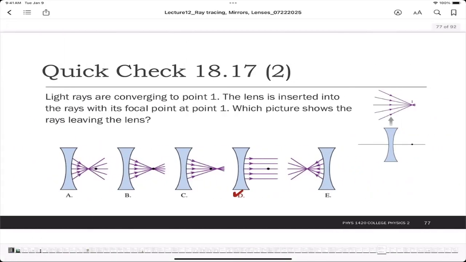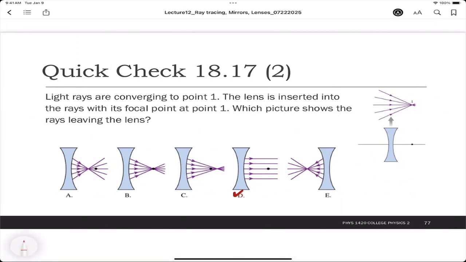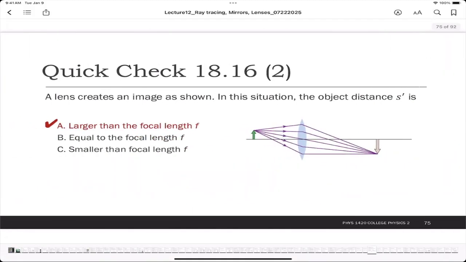Because for the divergent lens, the rays heading toward the focal point will go through this divergent lens and become parallel to the optical axis.